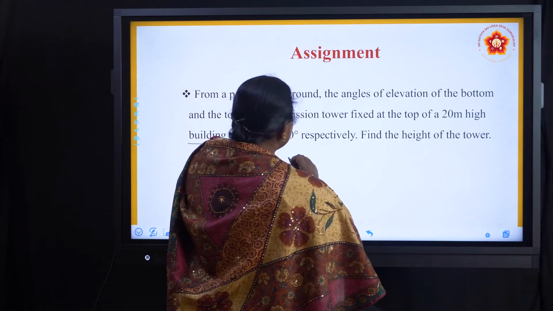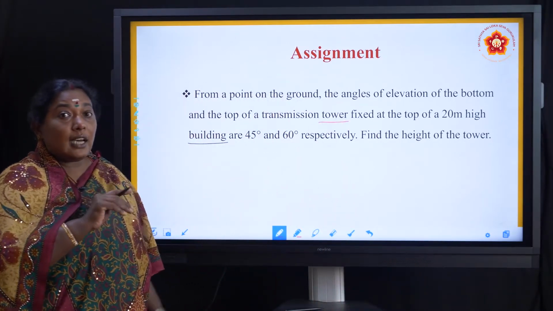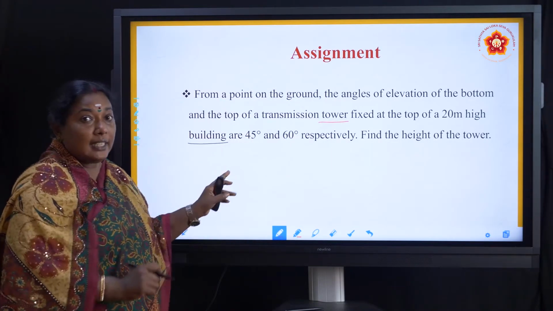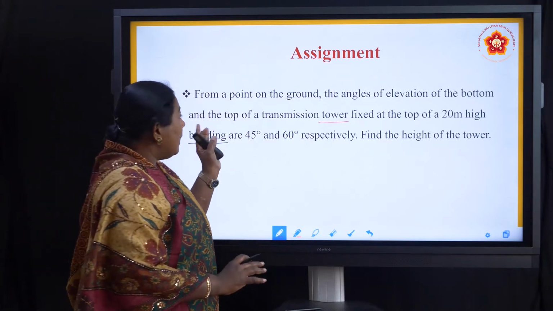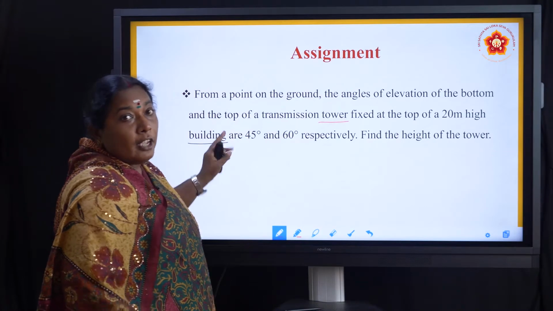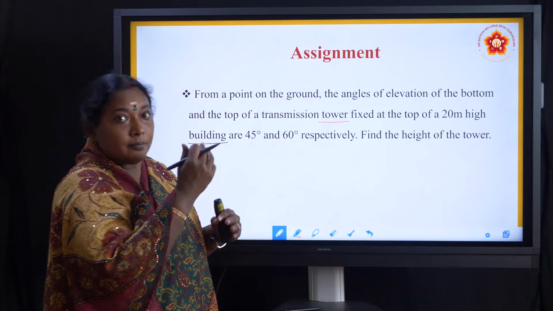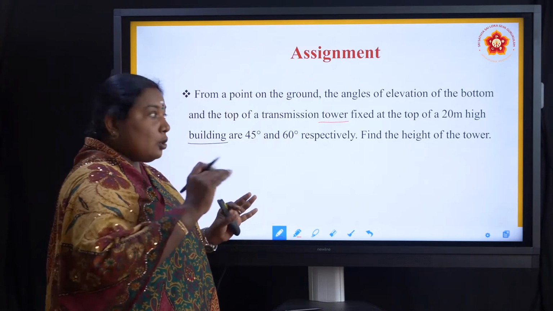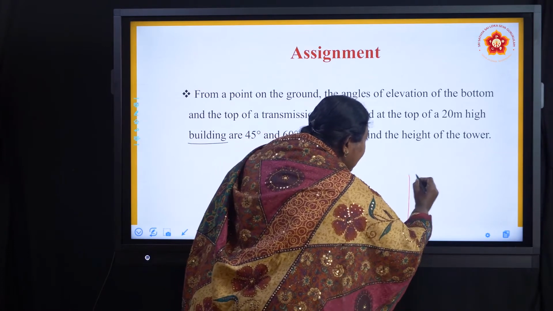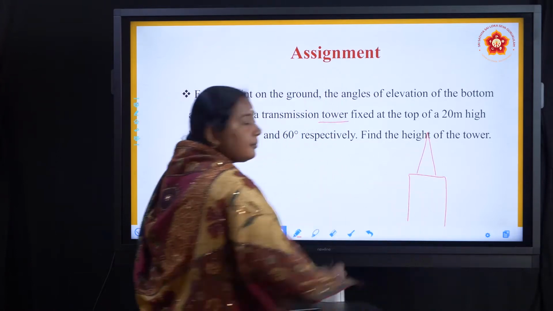In the previous session we saw a building and a tower, but both were separate. But now they have used the words "on the top". We know the building will be on the ground, and on the top of the building only the tower will be there. So as per our conclusion, there will be a building, and on the top of the building a tower is there.